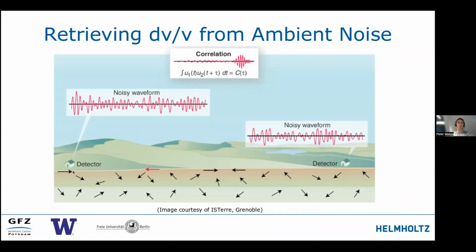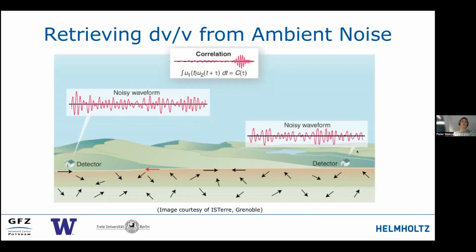So we have this background noise recorded at both stations that we see here. I don't know if you can see my mouse pointer at all, or if I'm just wheeling around with a pointer pointlessly. We can see it. Great, thank you. And we have the other station also just recording some of these weird wiggles.